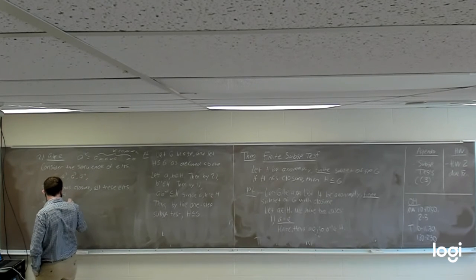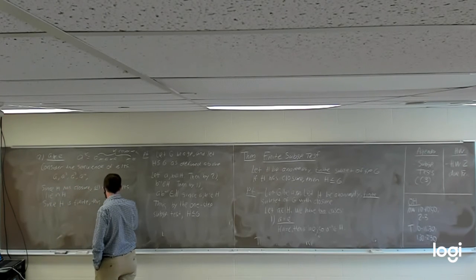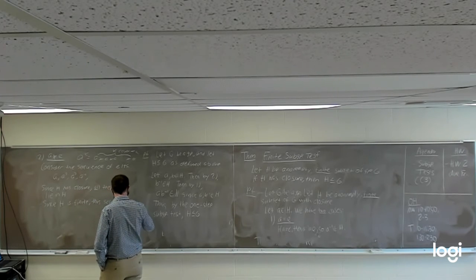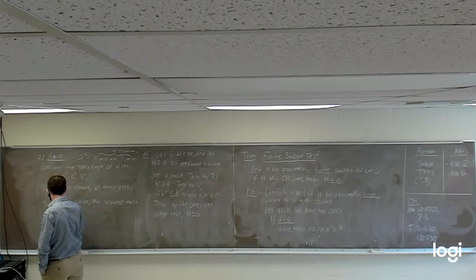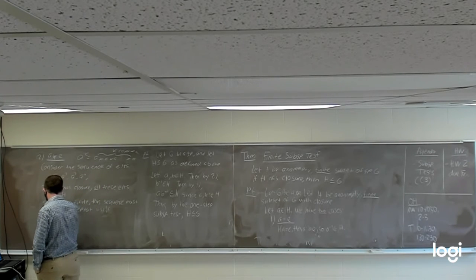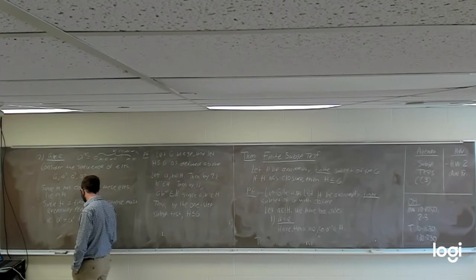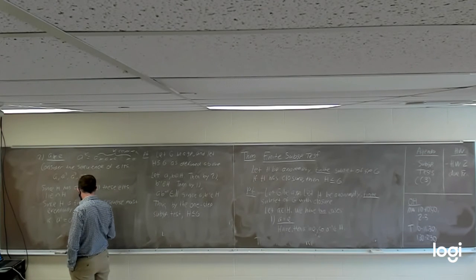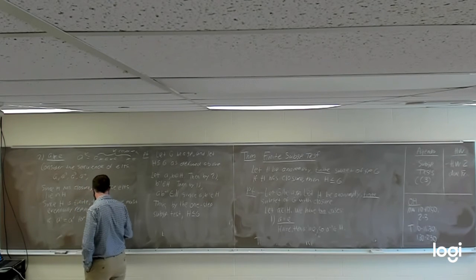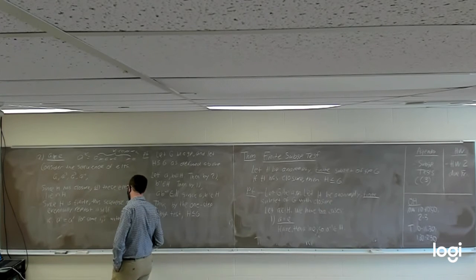So since H is finite, this sequence must eventually repeat itself. In other words, it has to be the case that some power of A is equal to some other power of A. You'd say A to the I equals A to the J for some I and J with I strictly greater than J, strictly greater than 0.